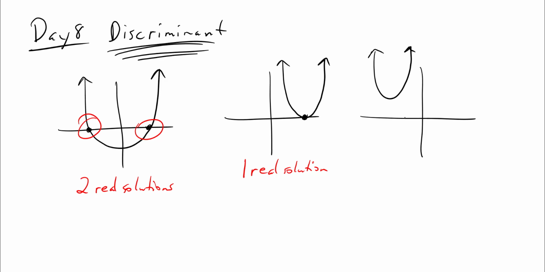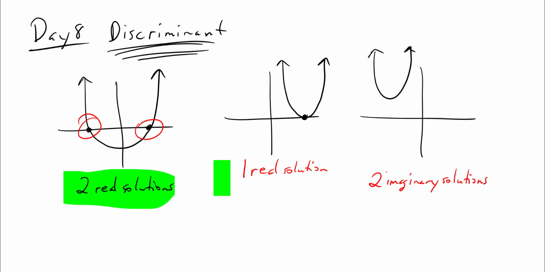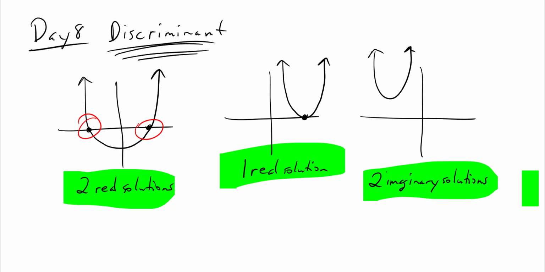So we don't have any real solutions, but in this case, we say we have two imaginary solutions. So there are three cases: two real solutions, one real solution, or two imaginary solutions. And this is what we're going to be talking about.